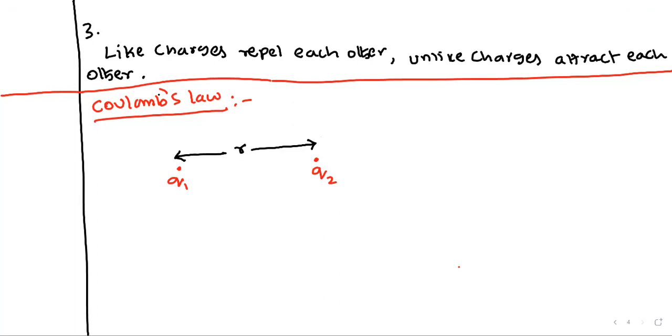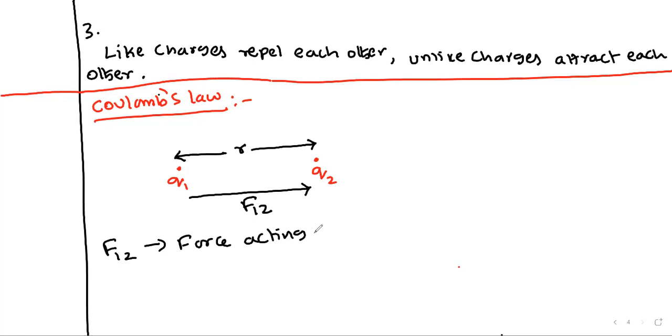Now a force will act on the second particle due to the first. I'll call it F12, that is, the force acting on Q2 due to Q1.